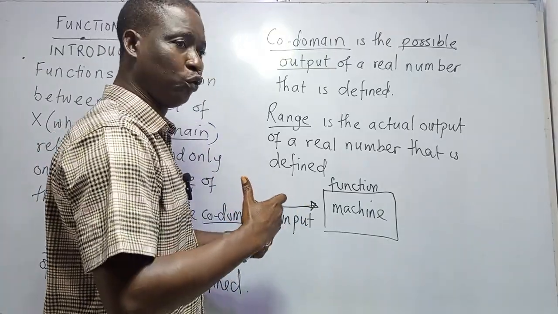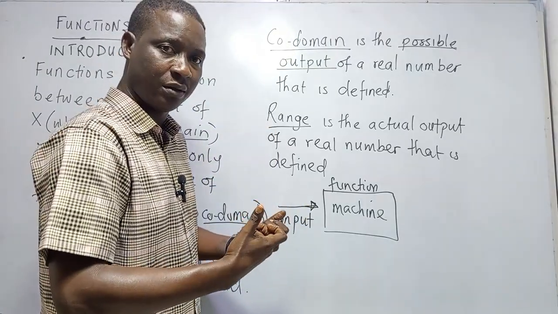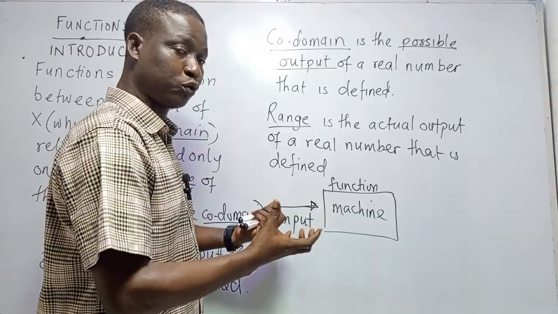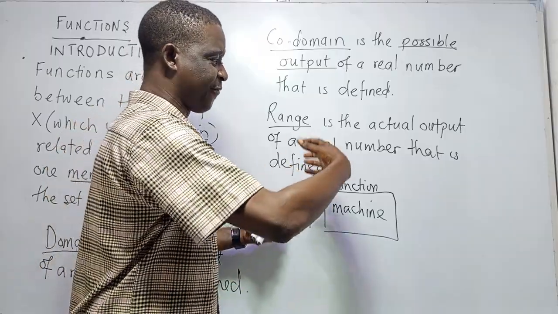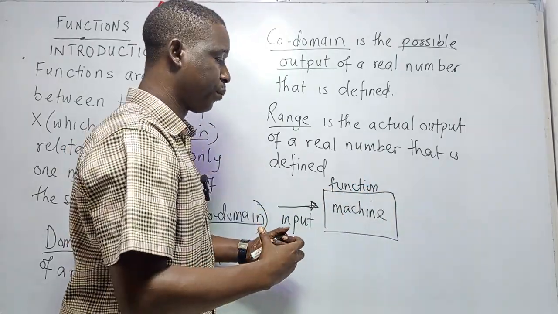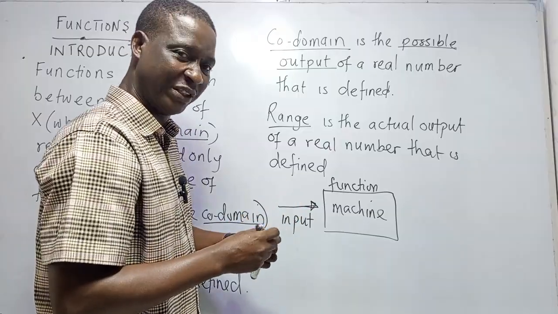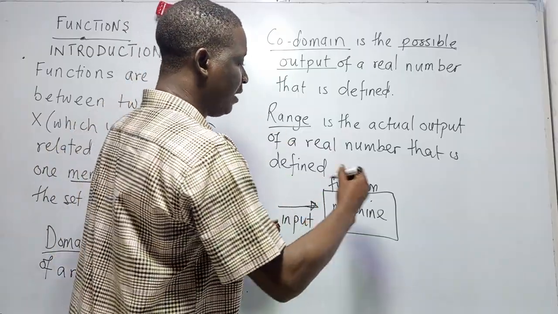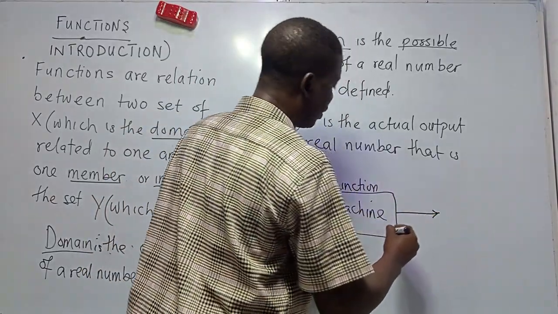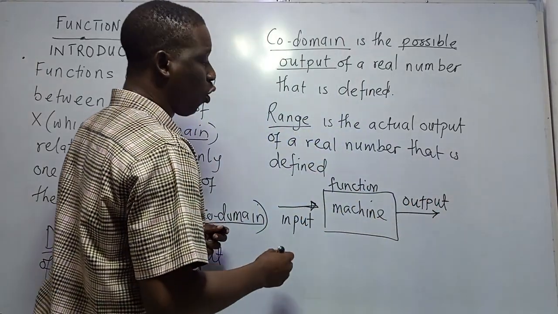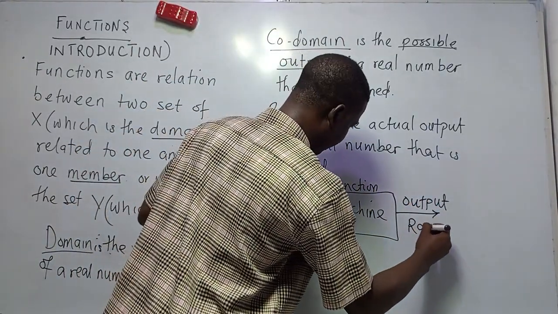For you to carry out a program, that means you want to code something, there must be a formulated plan for that coding. Because you want to achieve something, the machine will come out with an output. This output is what we call the range.